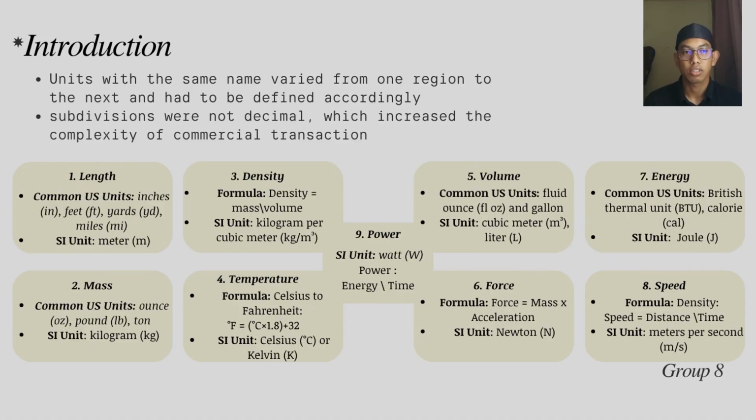The SI was developed as a modern updated version of the metric system to meet the growing demands of technology and science. Today, the SI system is used in almost every country worldwide, and it forms the foundation of all modern measurement, including in physics, chemistry, engineering, and even everyday life.